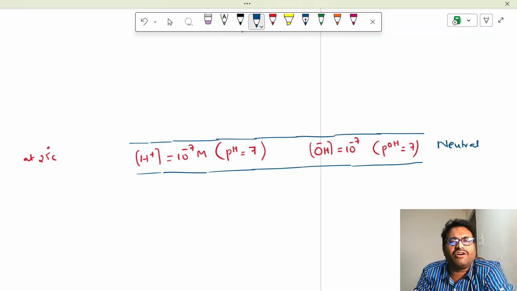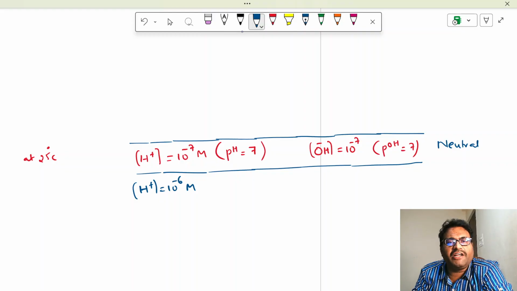If I increase the concentration of H plus to 10 power minus 6 molar, now H plus ion concentration is more than 10 power minus 7. So it is acidic solution. If you calculate for this, pH is equal to 6. Minus log 10 power minus 6 gives you 6.